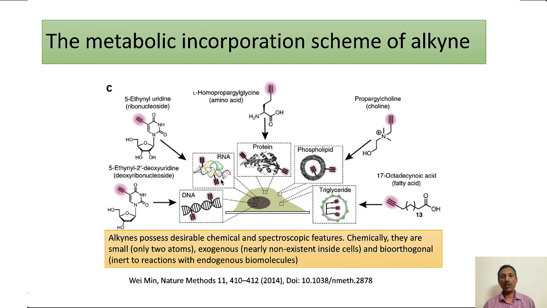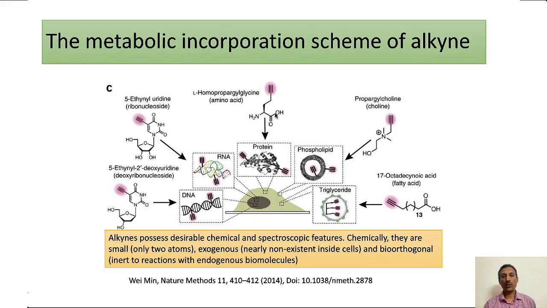Whereas, when we do the bioorthogonal reactions, what we are doing is we are actually modifying the biomolecules with one of the functional groups. Once the functional group is incorporated into the biological system, then we can use the second unit, which is the probe, which will exactly go and undergo reaction only at a single site.